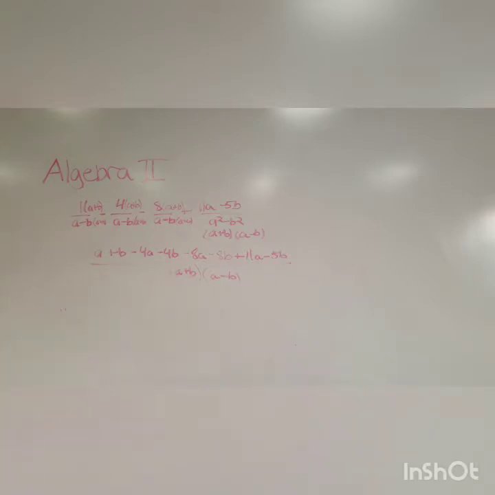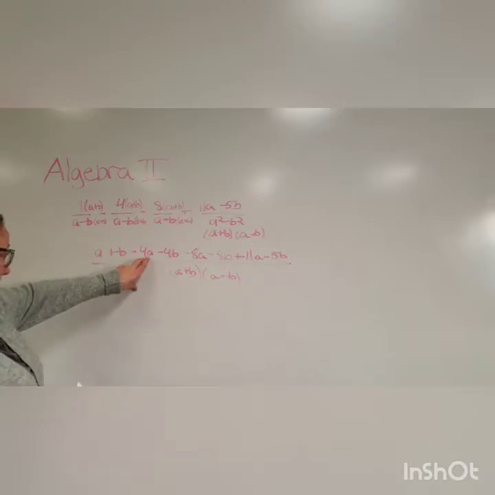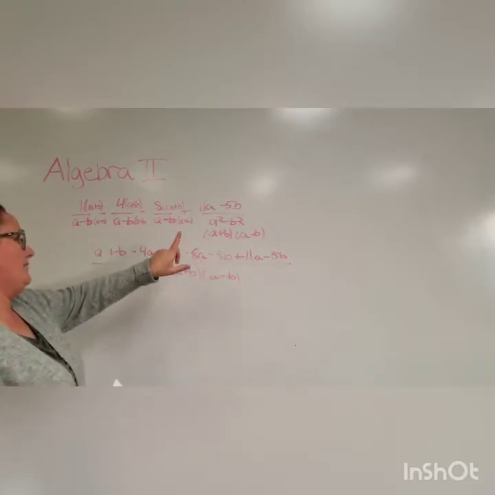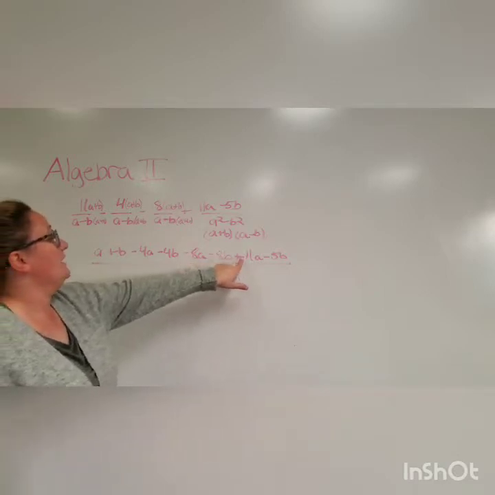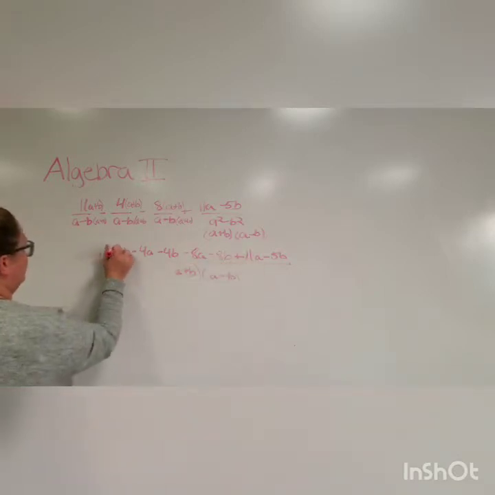All right, now to combine our like terms, we have A minus 4A, which is a negative 3A, minus 8. So 3 and 8 is negative 11 plus 11. So all of those cancel.